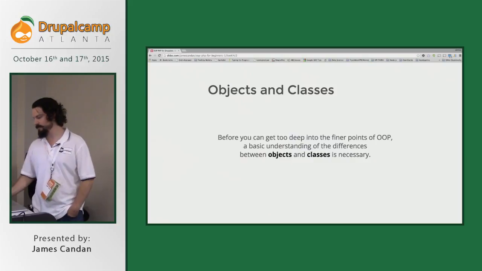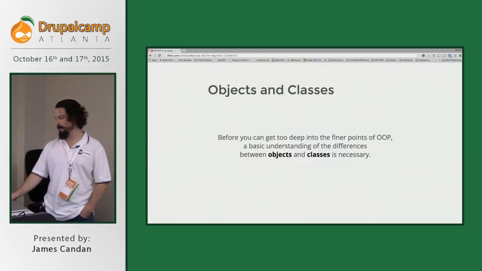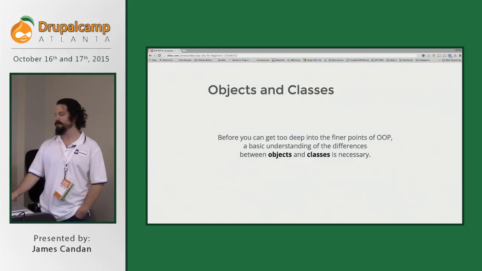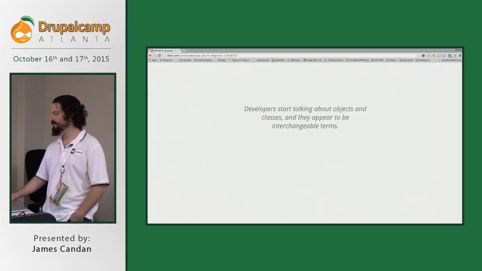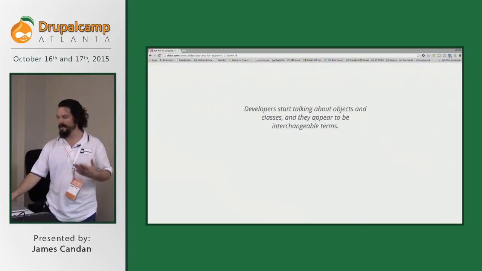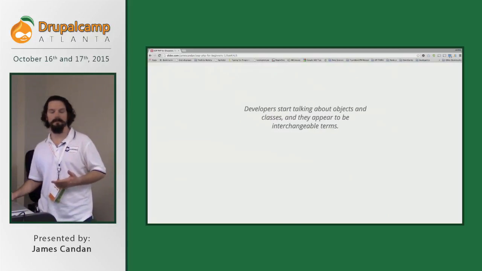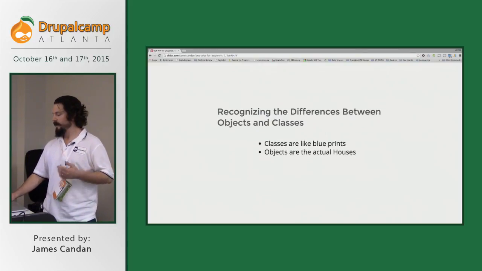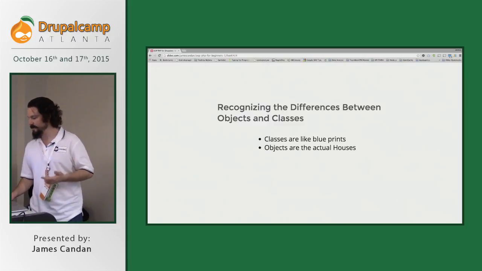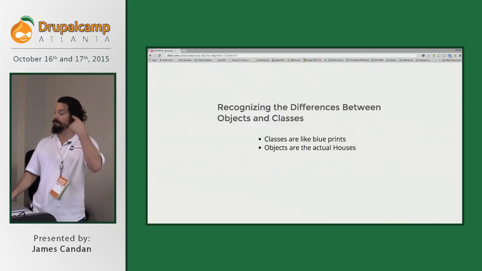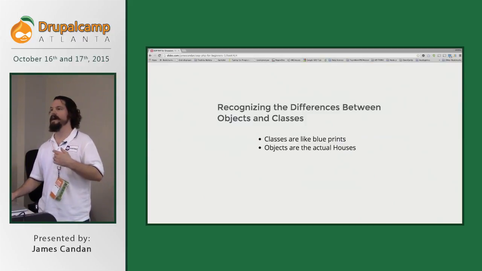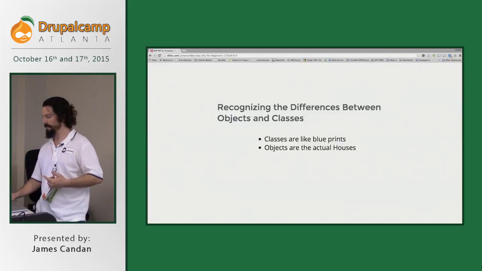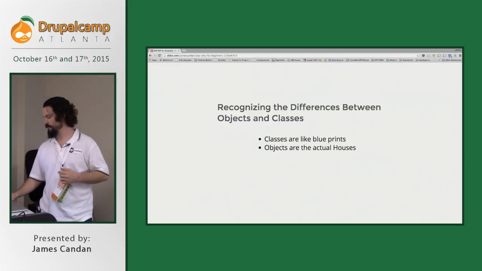But before we get too deep into the finer points of object-oriented programming, a basic understanding of the differences between objects and classes is necessary. So let's go over that now. Developers start talking about objects and classes, and they might appear interchangeable, but that's not the case. To recognize the difference, think of classes like blueprints, and think of objects as the actual houses. That really cleared things up for me when I first heard that.